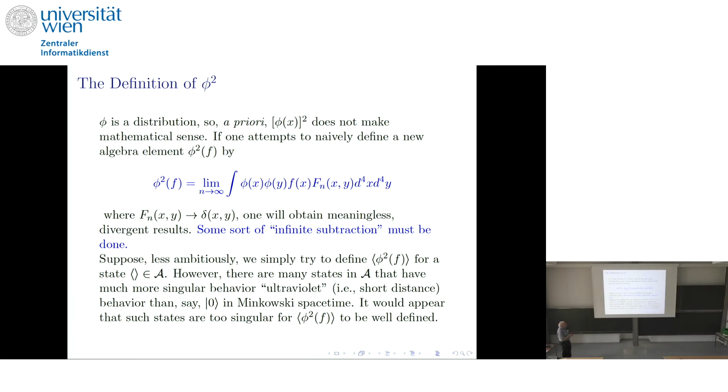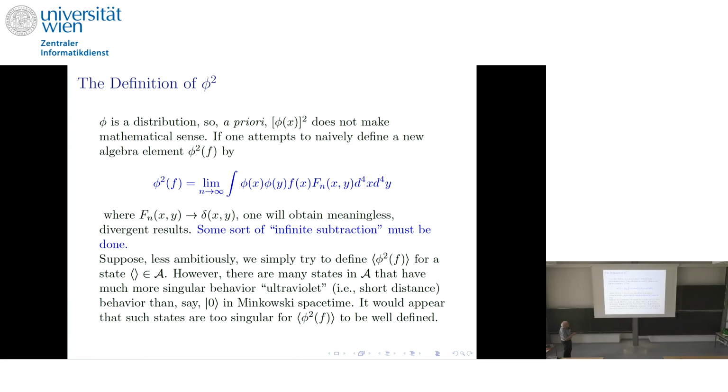You could try to define phi squared by a formula like this. Well, this right-hand side makes perfect sense when Fn is a smooth function of compact support, or suitably smooth.